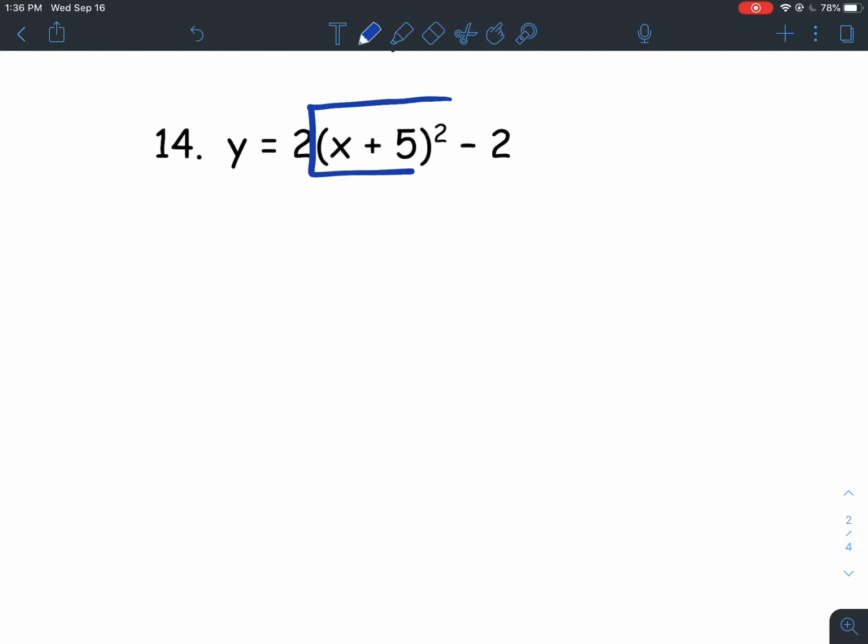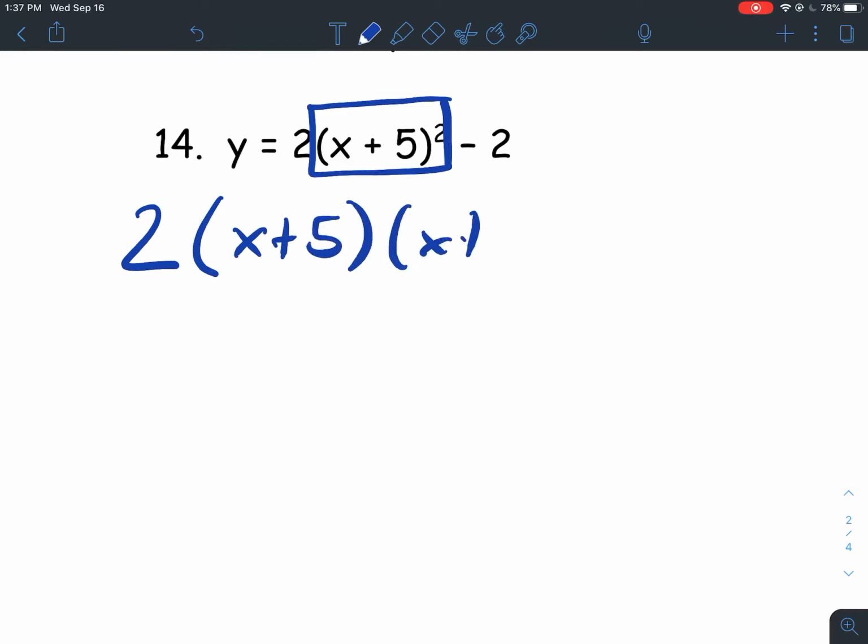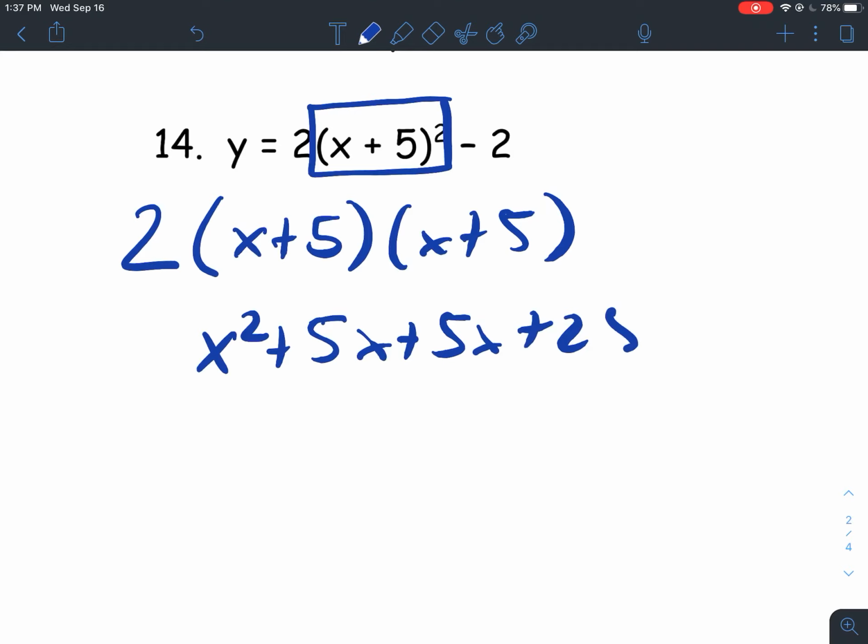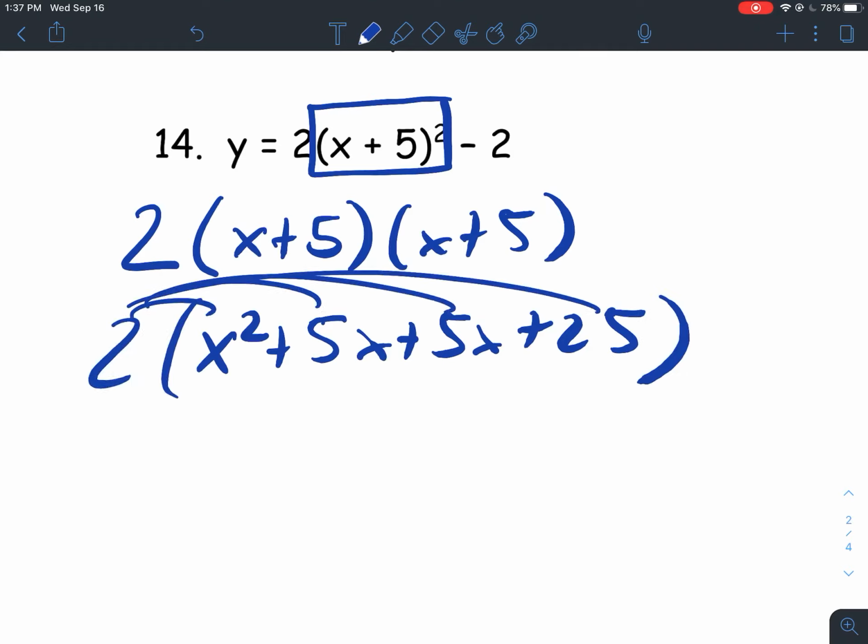All right, last one. So again, we need to FOIL this out. Do not distribute before you FOIL. Please do not do that. All right, so we end up with like 2 times (x plus 5) times (x plus 5). So we FOIL that out. We get x squared plus 5x plus 5x plus 25. And then we need to distribute out this 2.